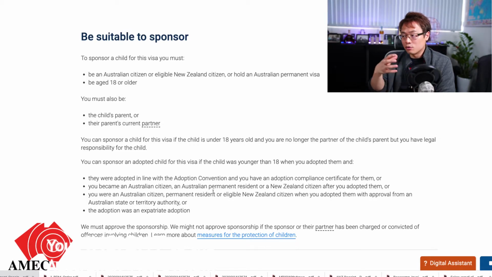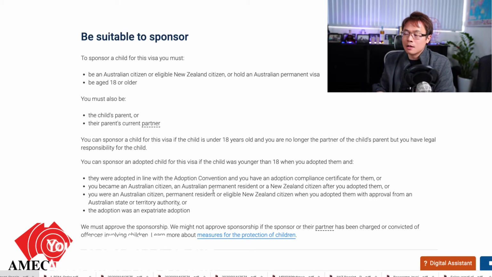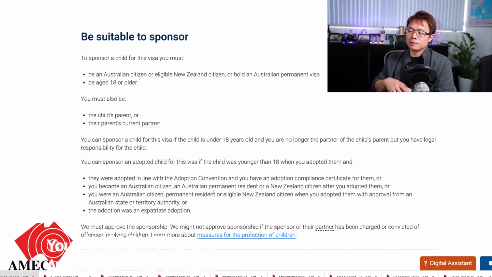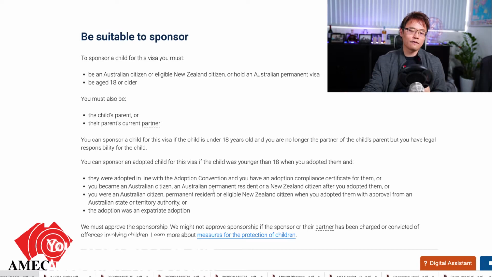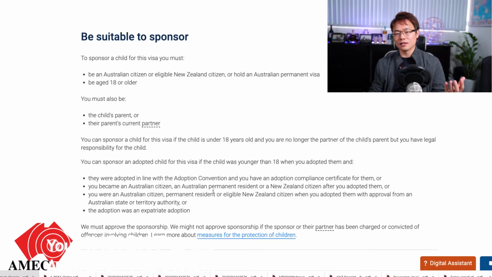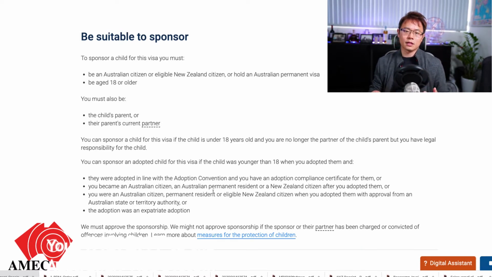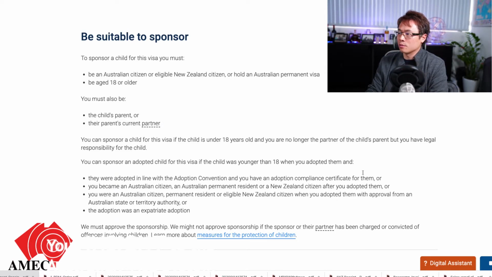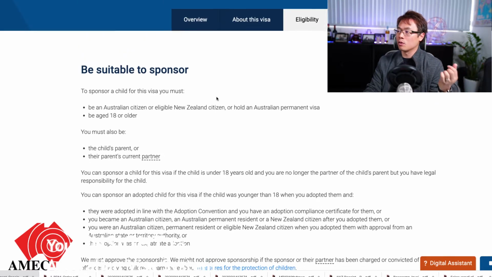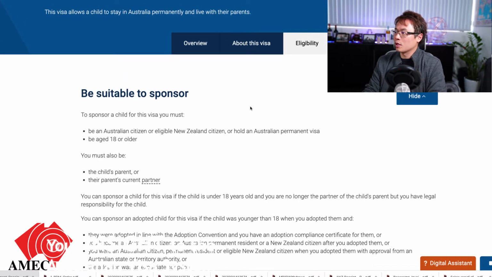As you know, a partner visa may take time, so it's a decision whether to lodge the child visa first or together with the partner visa. It generally depends on the family and your employment at the time of lodgement. So obviously you need to chat with your professional consultant in regard to this.